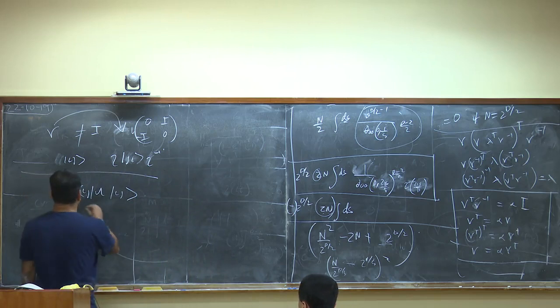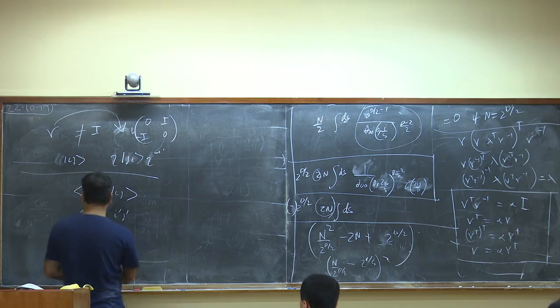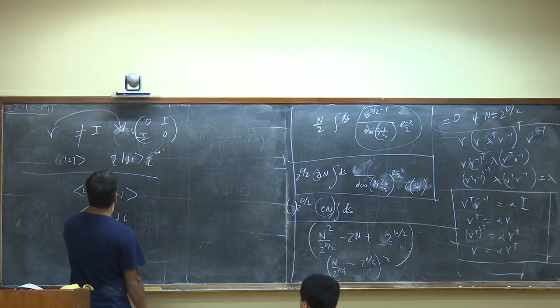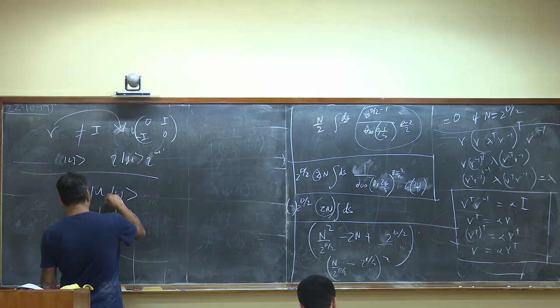What we've got is ij, then we get i prime j prime.